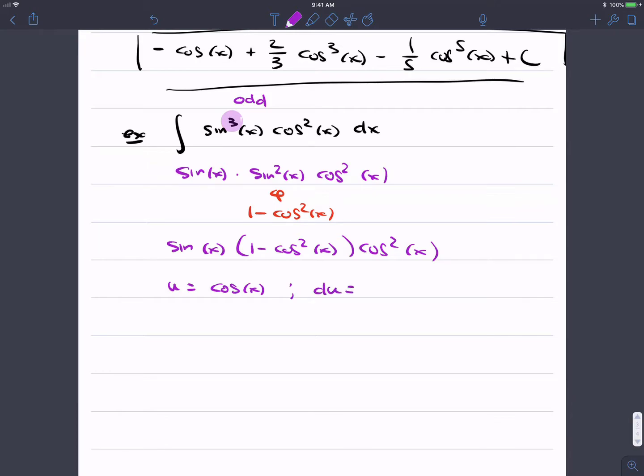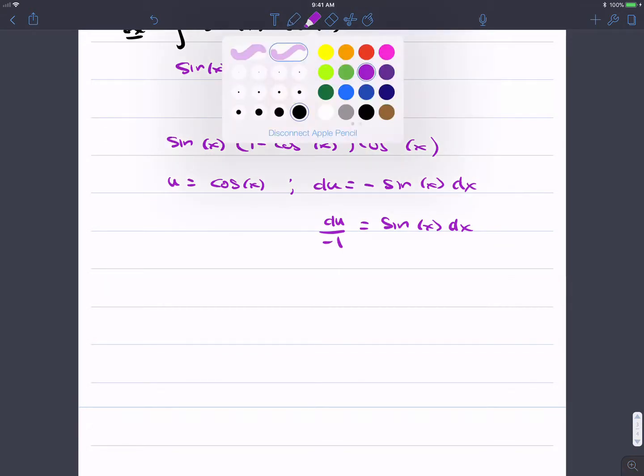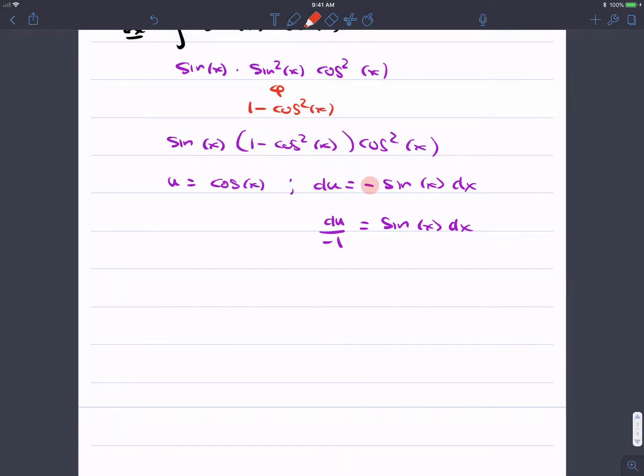And again, we're going to let u be cosine. When u is cosine, du is minus sine dx, or we should really say that du over negative 1 will become sine x dx. We're going to divide both sides here by this negative 1. And so here's that factor down there of a negative 1.